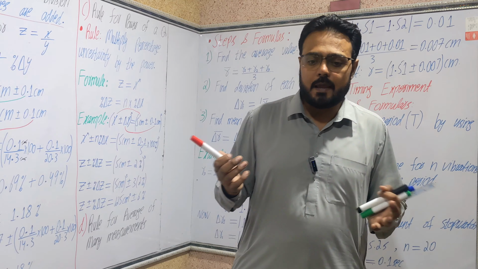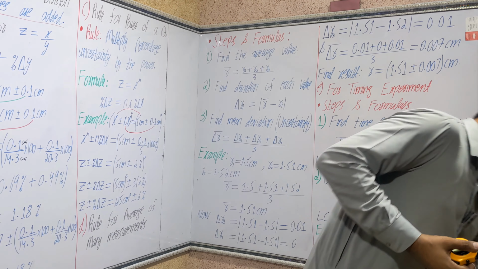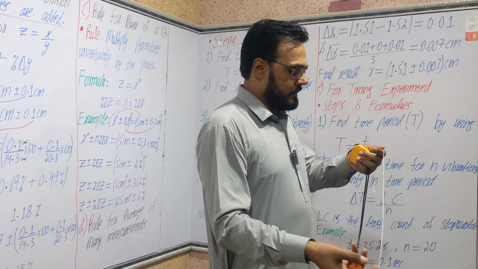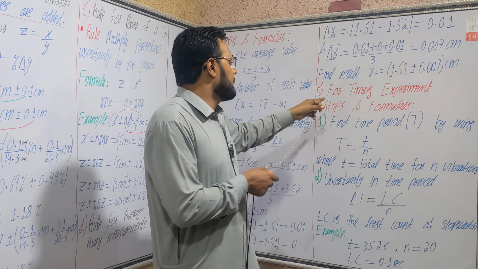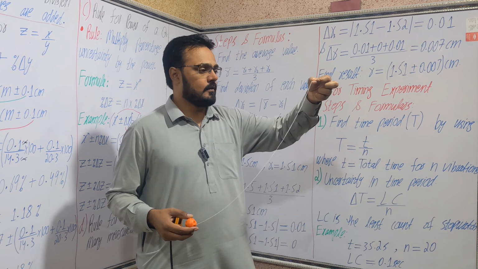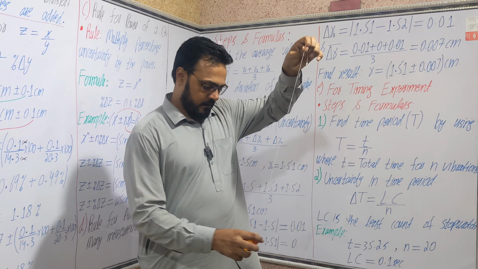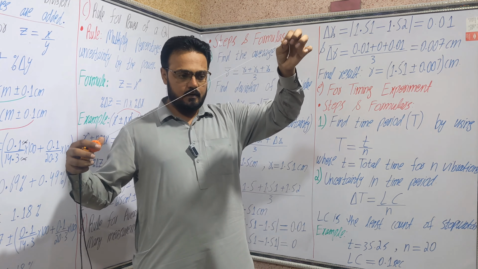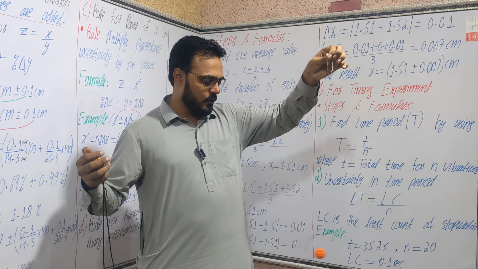Now the last and the fifth rule for uncertainty is for a timing experiment. What does it mean, timing experiment? This simple pendulum is a timing experiment. Now this is a stopwatch.